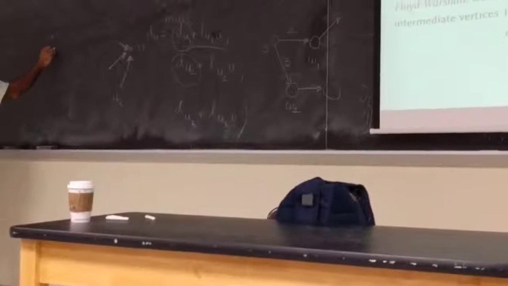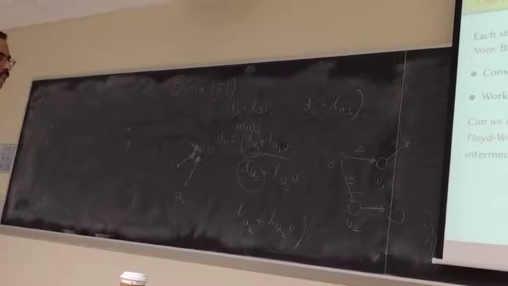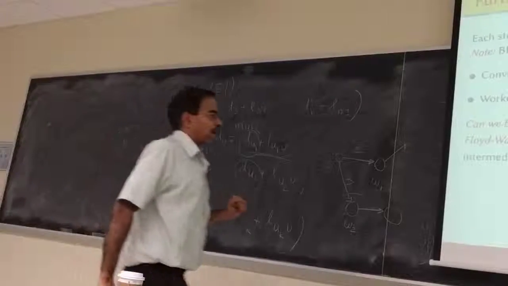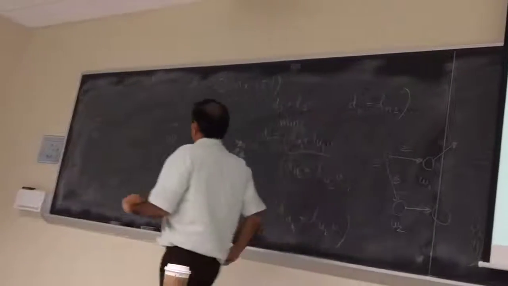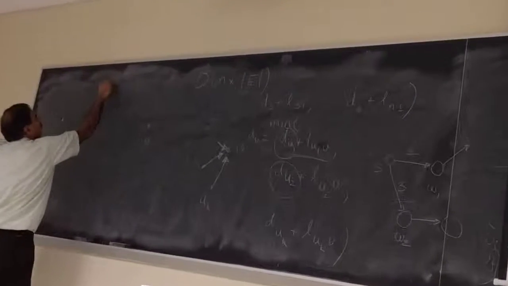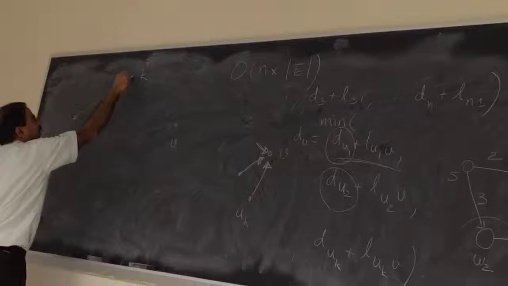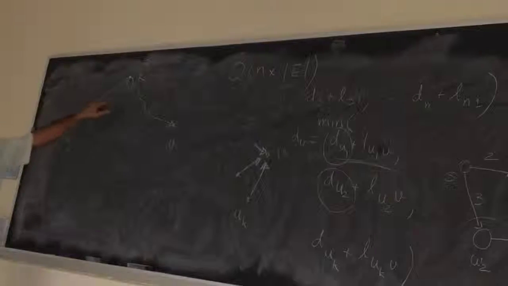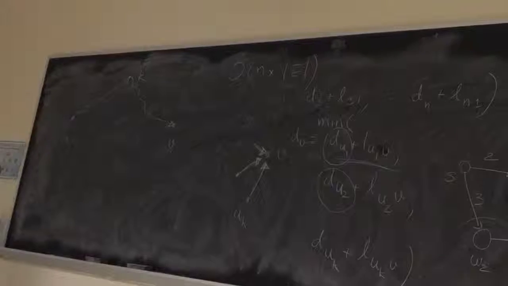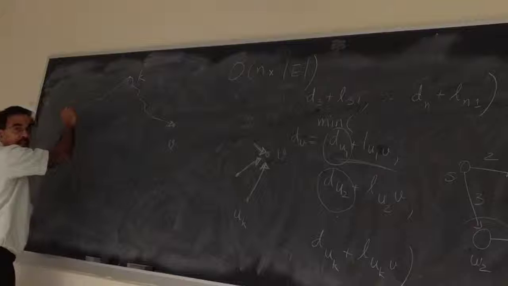So you have u and v. So what we are saying is that we already know the shortest path. Okay, let's say this is vertex k. Right? So let's say this is a path, right? So clearly k will not occur here, in between, right?